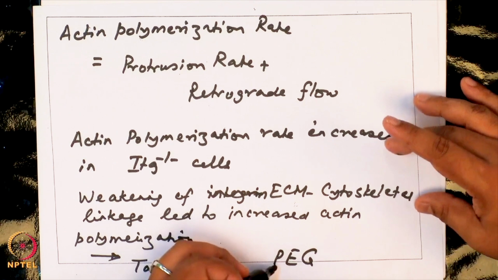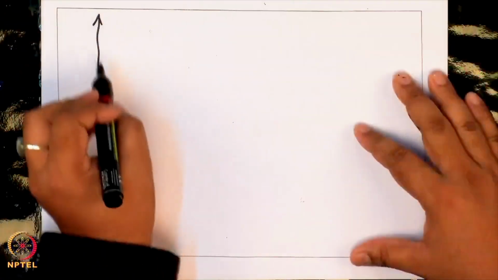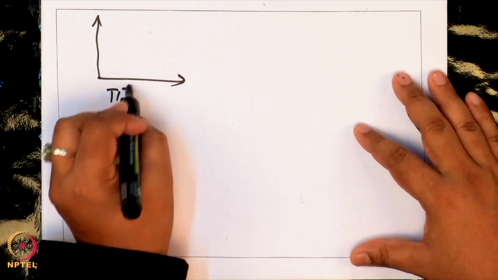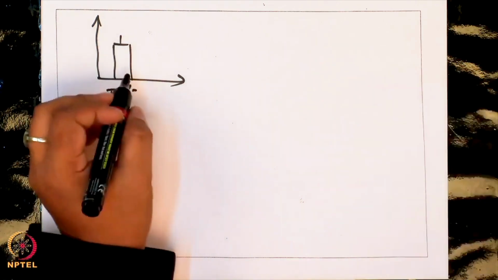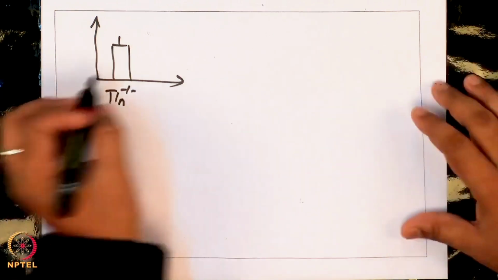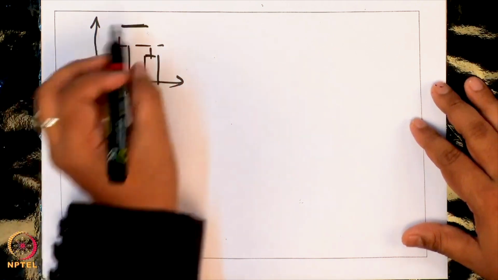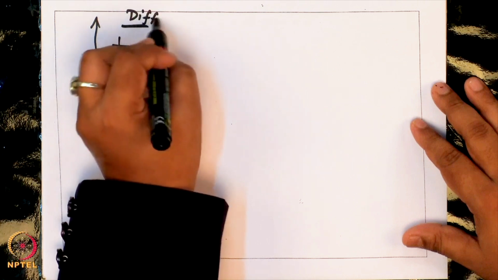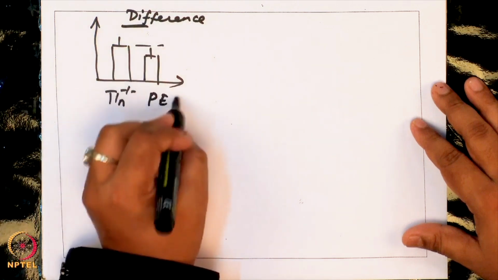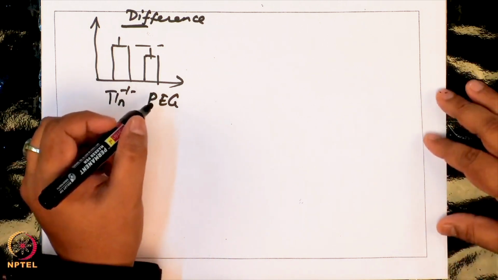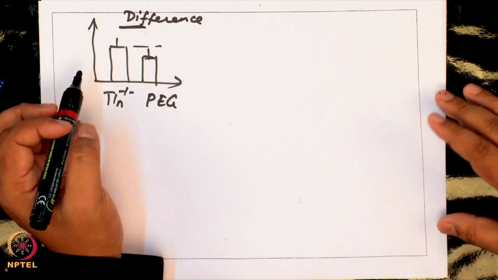PEG being inert, cells cannot form adhesions. However, there was one important difference. If your overall actin polymerization rate in talin null cells was this much, on PEG the actin polymerization rate was not to the same extent. So there was a difference between talin null and on PEG surfaces, and this difference can be partly attributed.